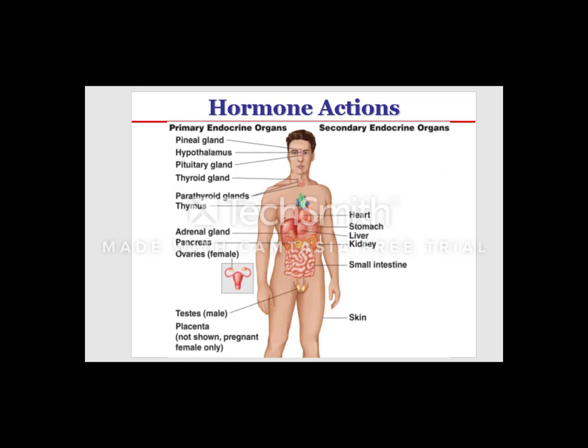From homework 6, you've probably already reviewed most of these glands that you see in the diagram here. We've got secondary endocrine glands and we've got primary endocrine glands, and your job right now is really to become familiar with the hormones listed and understand the difference between the different hormone functions.